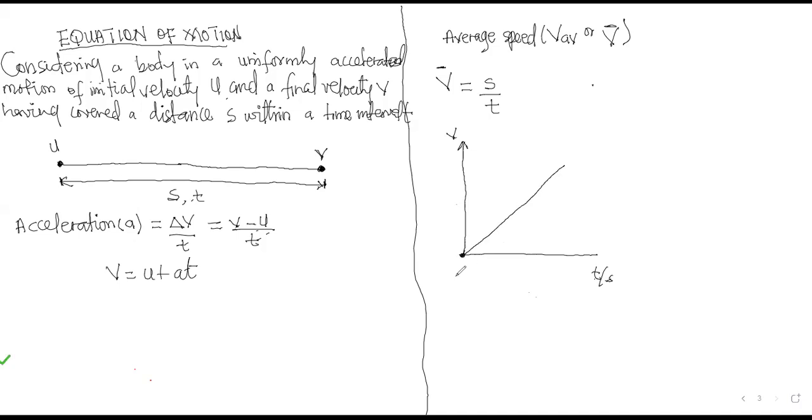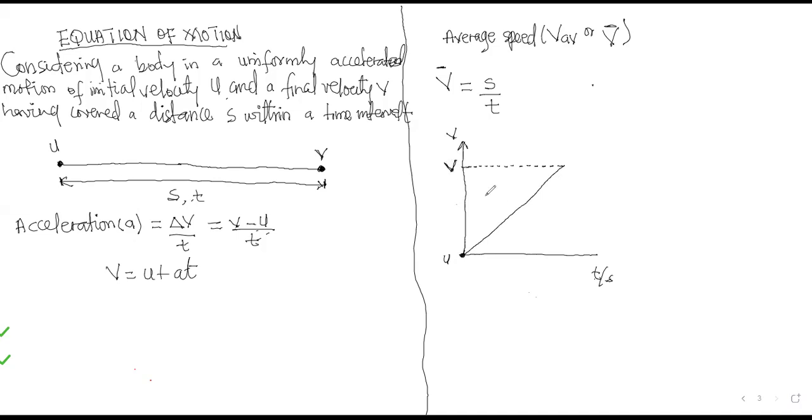The initial speed is here, u. The final speed or velocity can be traced to this point. So this is v.